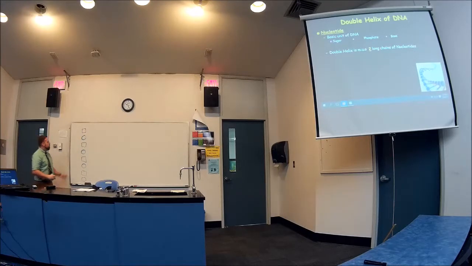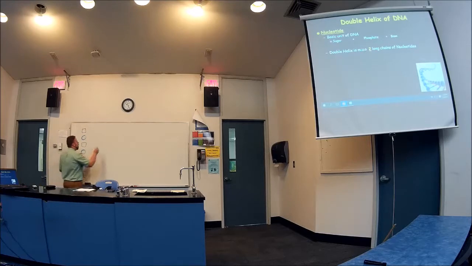All right? That's one side. That's a helix, and it kind of twists. But we have another one on the other side. These are phosphates. And this is a sugar. Okay? So the backbone of this DNA molecule is made up of sugars and phosphates. Okay?